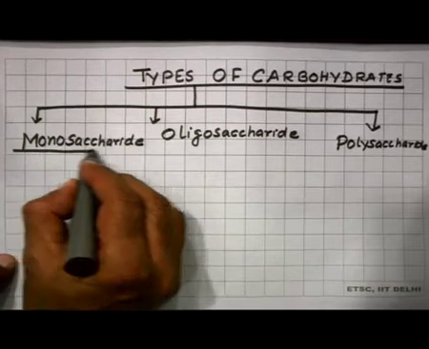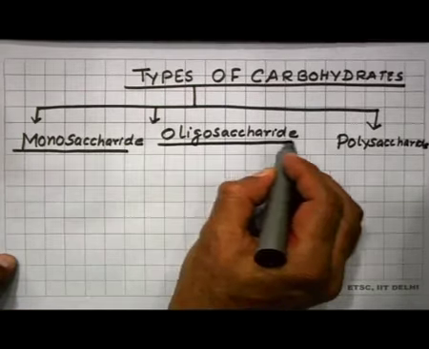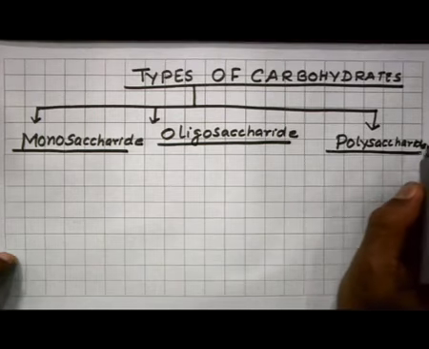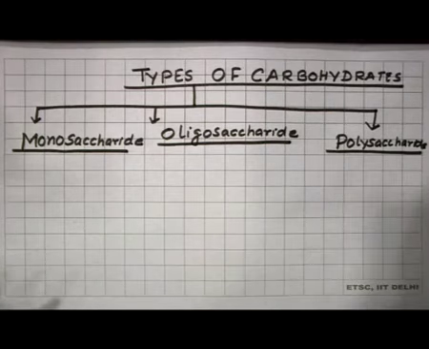Carbohydrates can be classified on the basis of the number of carbon atoms or on the basis of the number of monosaccharide units. We can differentiate the carbohydrates into these 3 types.